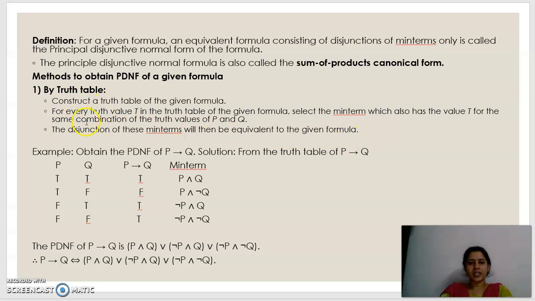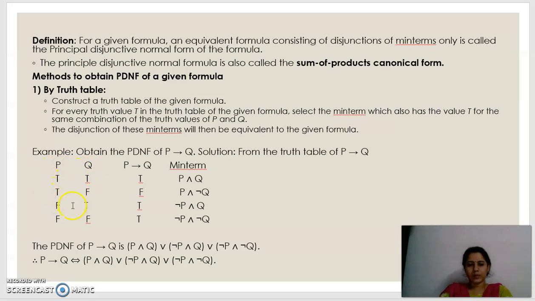These are the three steps we have to follow to find the principal disjunction normal form using a truth table. For example, find the principal disjunction normal form of P conditional Q.